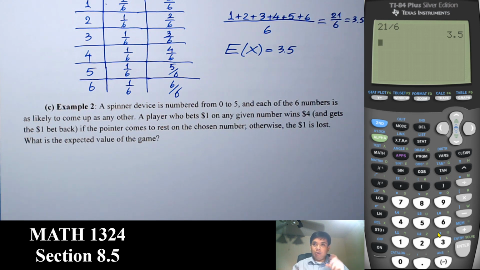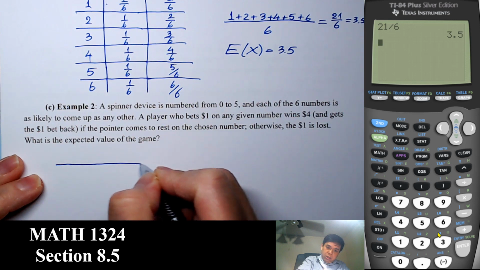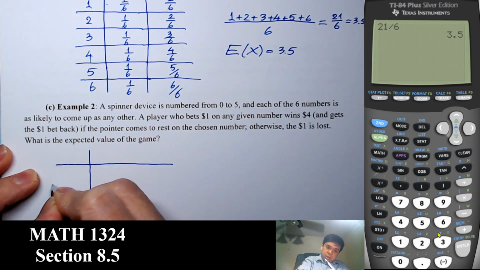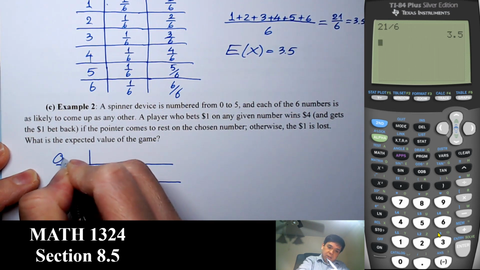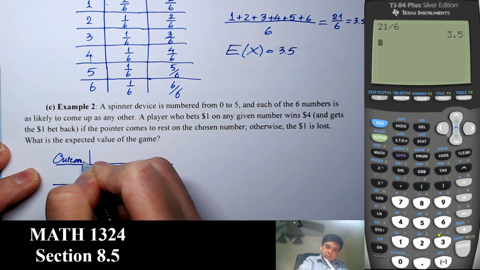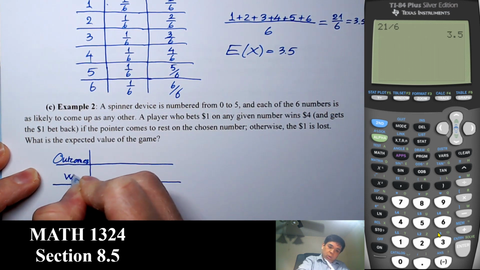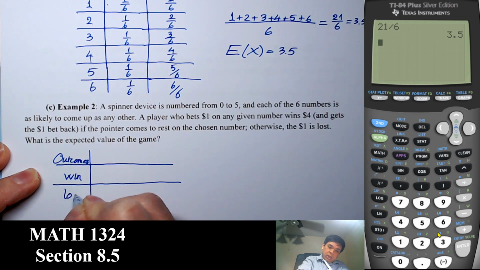So again, you have 0 to 5, and you can bet. If you bet $1 and you win, you get $4, and then you also get back $1. In that case, what will be the outcome? What is the expected value of the game? So there are 2 outcomes here: one where we win and one where we lose.